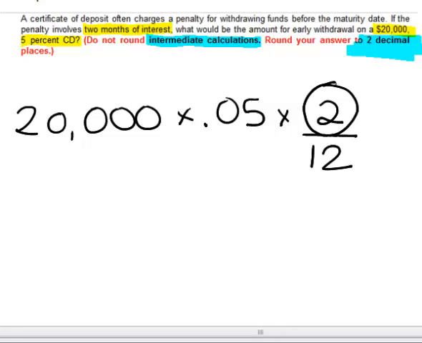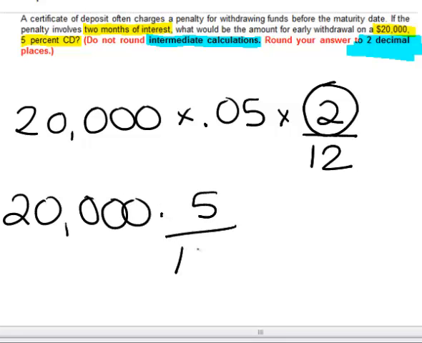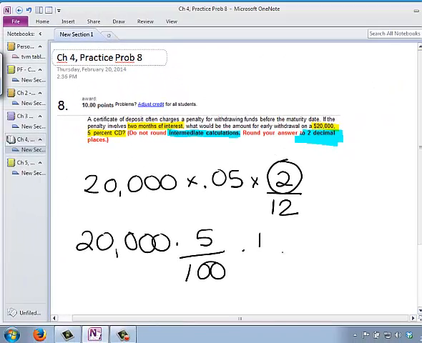So I just multiply this out, right? So I'm going to turn it into fractions just to drive home this point. But 20,000 times 5 over 100 times 1 over 6. And so if I'm doing it this way, without a calculator, I'm canceling out these zeros. I end up with 200 times 5, and I'm dividing this all by 6.